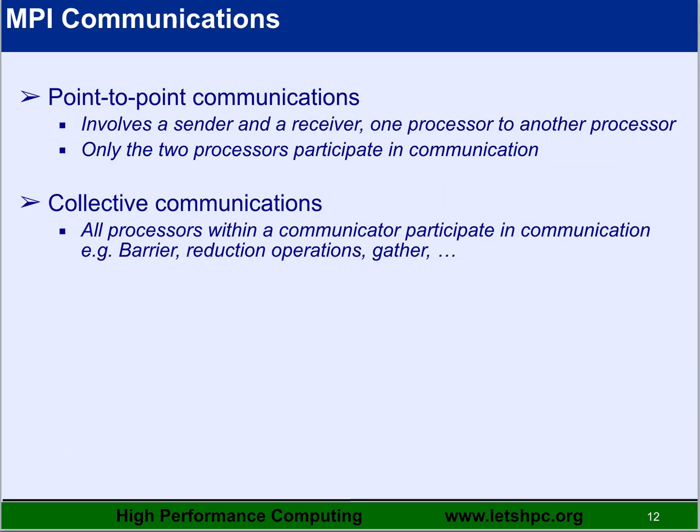collective communications. These communications involve all the processes within a communicator. All the processes within a communicator participate in communication, because point to point communication simply involves the sender and receiver, one processor to another processor.